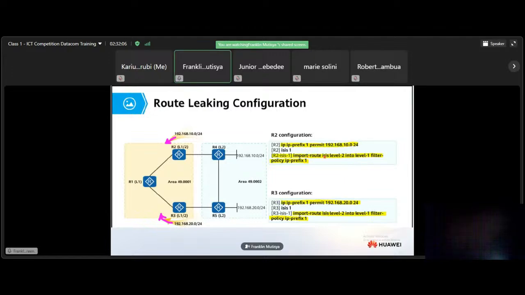This way you'll be filtering level 2 routes into the level 1 side. Route leaking is done on a level 1-2 router. You do route filtering or route leaking on a level 1-2 router. Then you do it also for this side of the network.